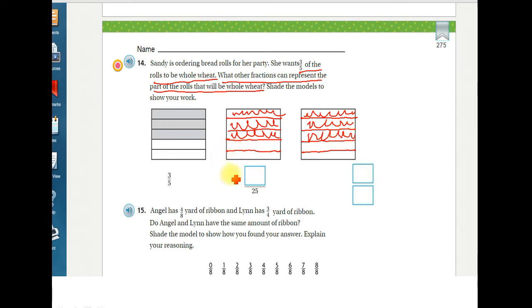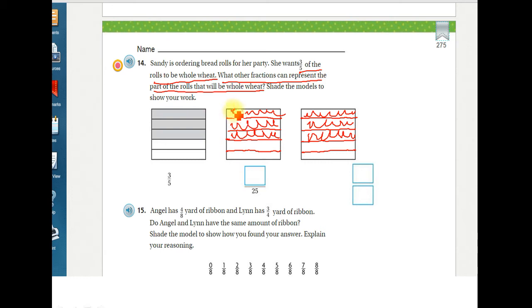Okay, now to figure out of 25, I just need to break this up into 25 parts. So notice I have 1, 2, 3, 4, 5 parts going this way. I wonder if I break it into 5 parts going this way, if that will give me 25 smaller parts. Let's see.